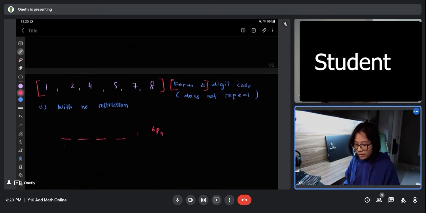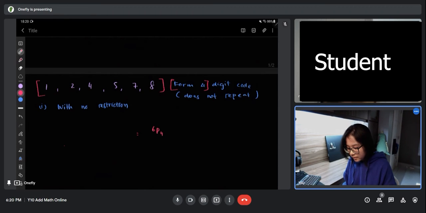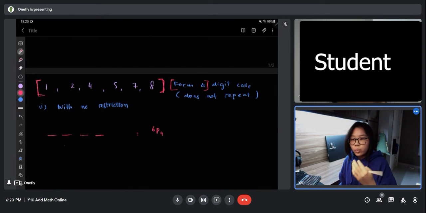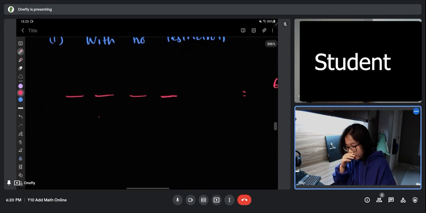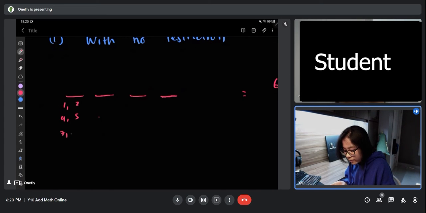Same thing. The universe is 6 numbers. What I mean by universe is everything given, which is 6 digits. We want 4 digits, so we give ourselves 4 slots only. In the first slot, we have 6 options: 1, 2, 4, 5, 7, 8.